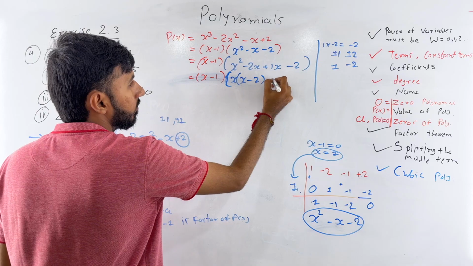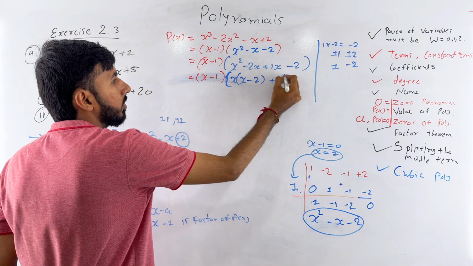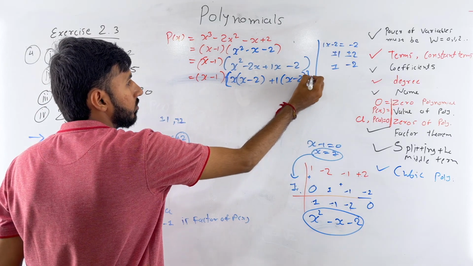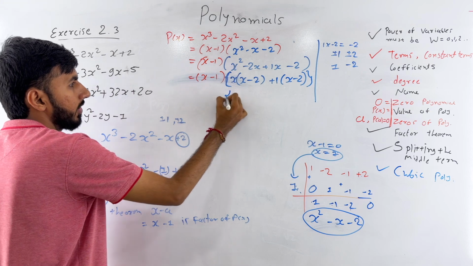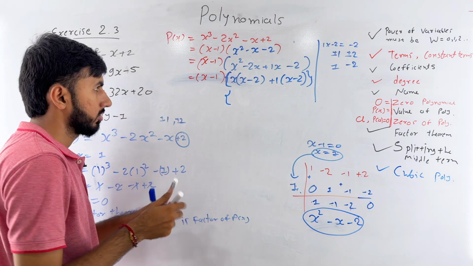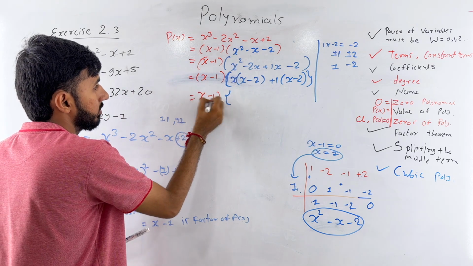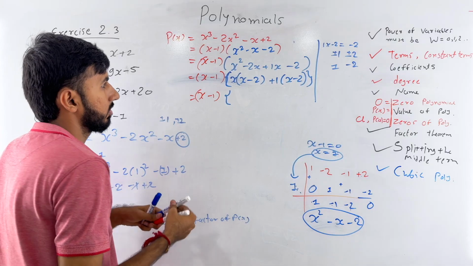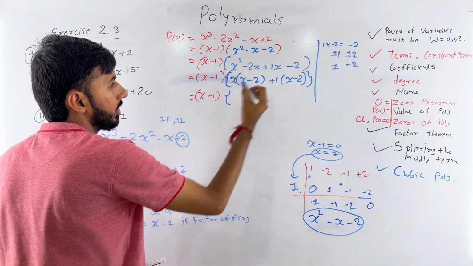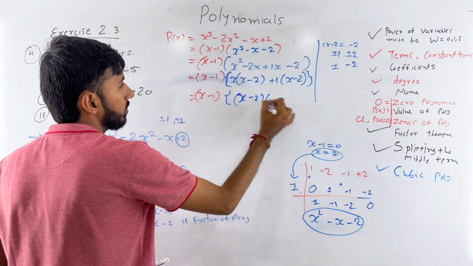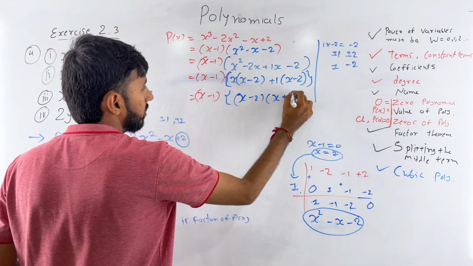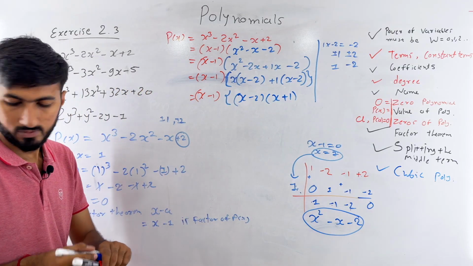Now I have plus 1 in bracket x minus 2. So my final answer will be, let me write x minus 1 here. This is my first factor. Now in these two I have x minus 2 as a common term. So in another bracket I can write x plus 1, right? So this is my final answer.